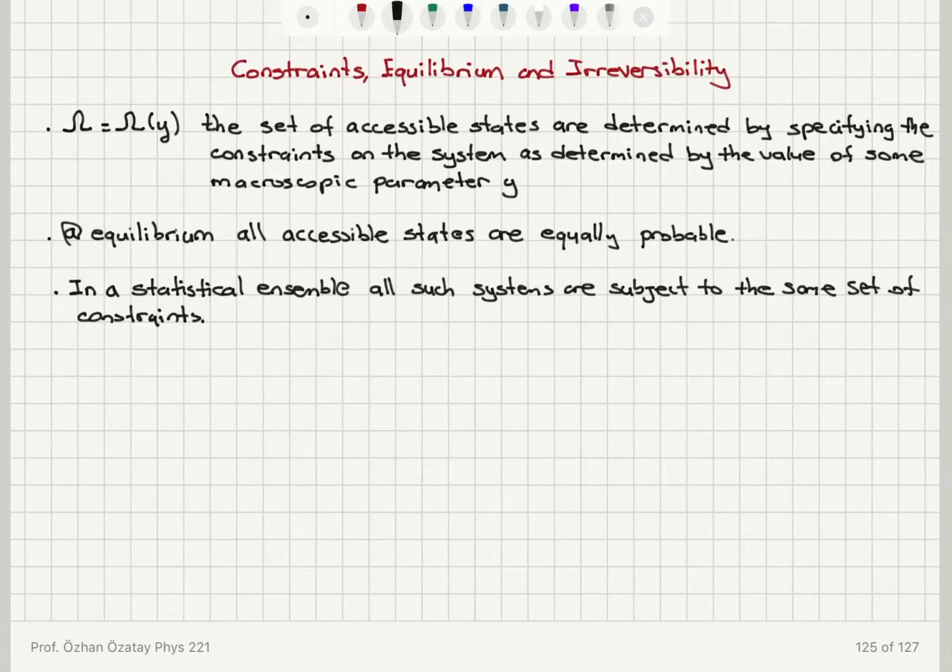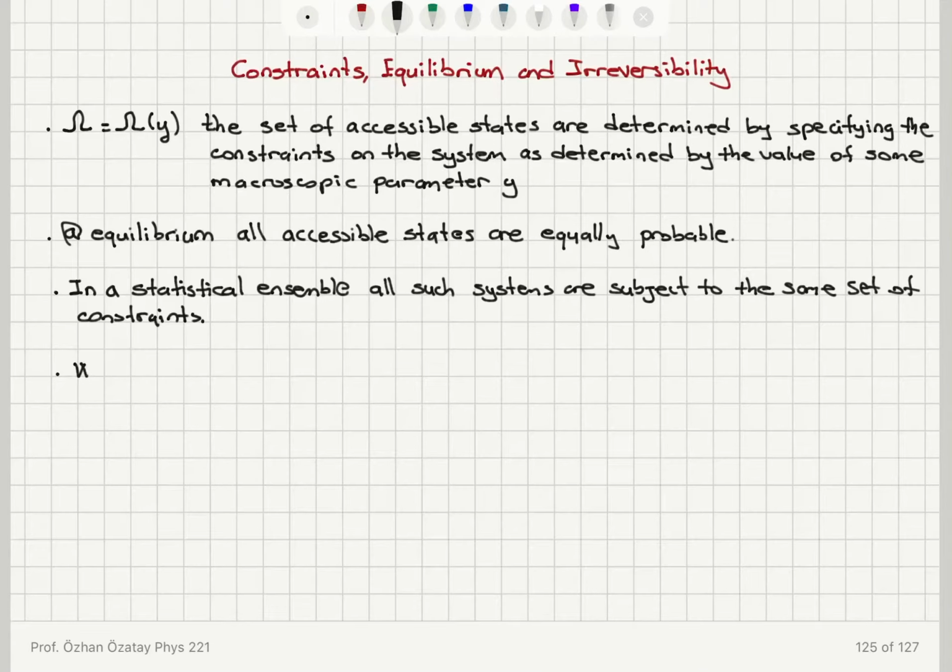So when we have a constraint being removed, immediately after the removal, the system still can be found with equal probability in each one of its initial states.